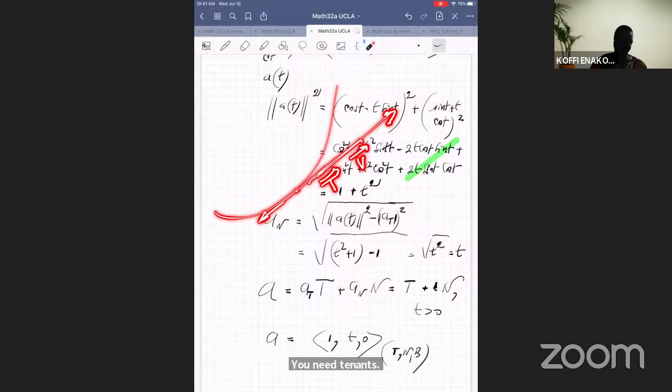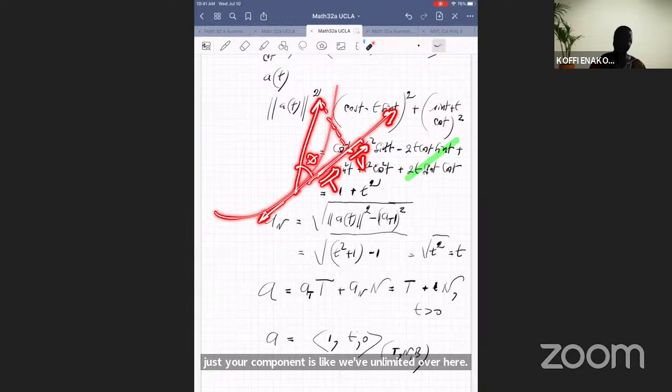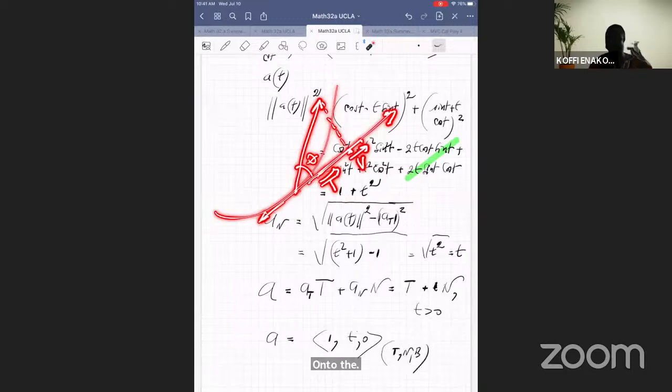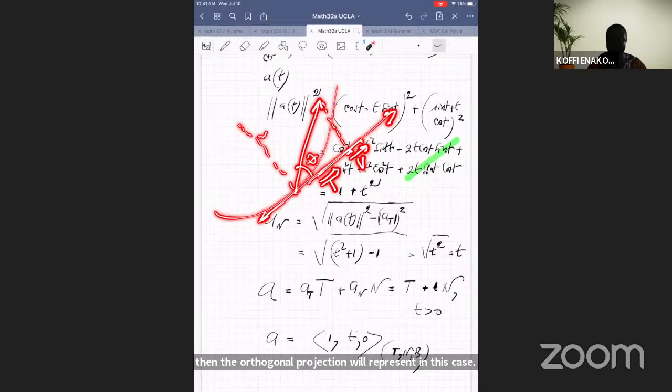If the acceleration vector is like this, with an angle theta over here, the tangential component is like projecting the acceleration vector onto the line that supports v, the direction of the vector v. The orthogonal projection then represents the normal component of the acceleration. Did I answer your question?